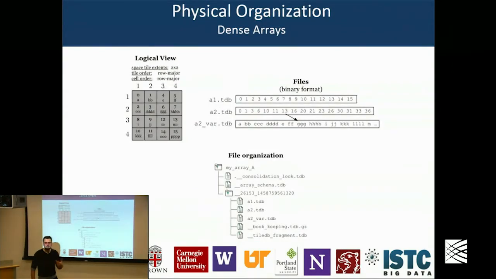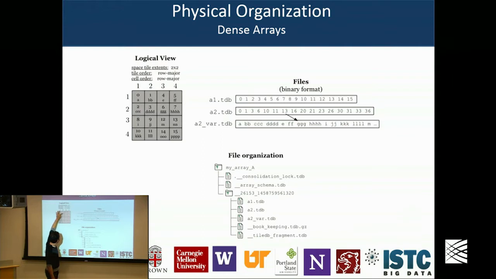All right, so what is the physical organization of TileDB arrays on the disk? For the dense arrays, we do, again, something very simple. If you remember, we have 2 attributes here. These are integers, and these are strings. So we do the following. For fixed-sized attributes like integers, we take all these values, we follow the curve on the global order.